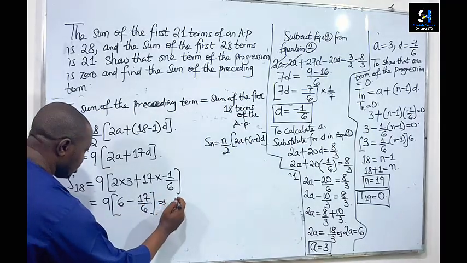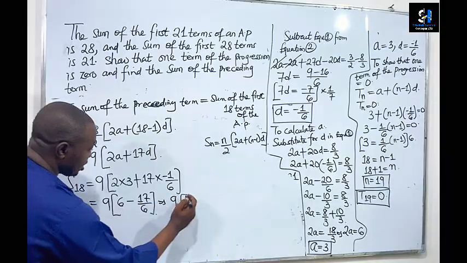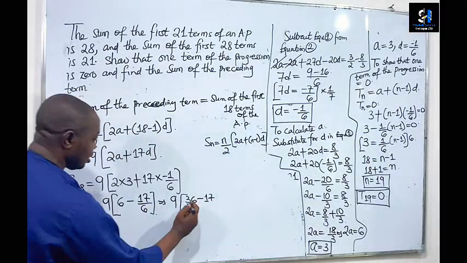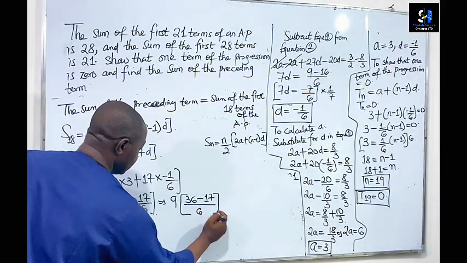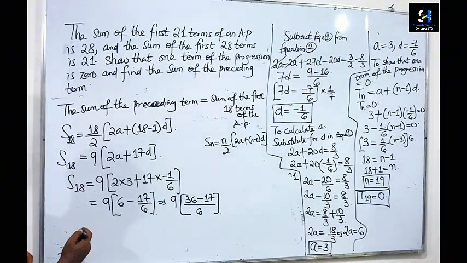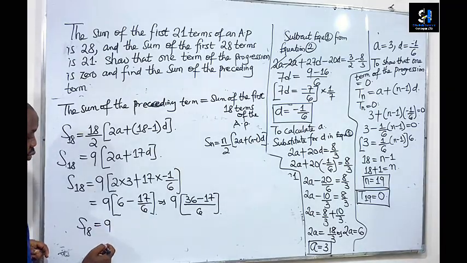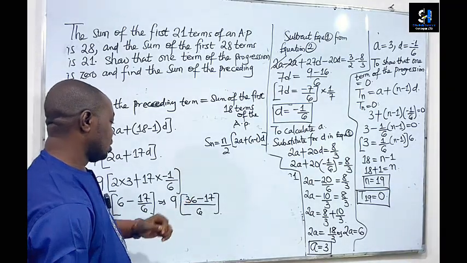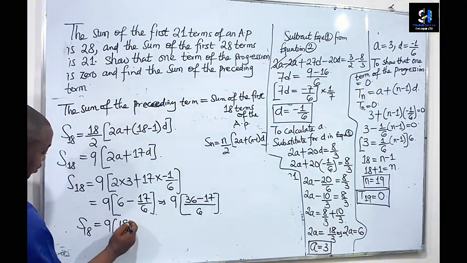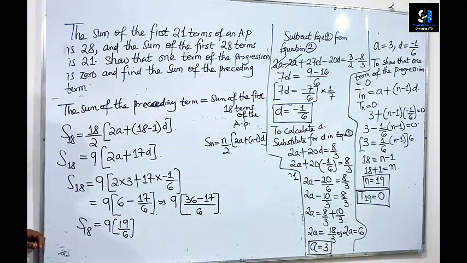So this will be 9 open parenthesis 6 minus 17 over 6. 6 times 6 is 36 minus 17, divided by 6. So S subscript 18 is 9 multiplied by 36 minus 17, which is 19, over 6. So we have 9 multiplied by 19 over 6.